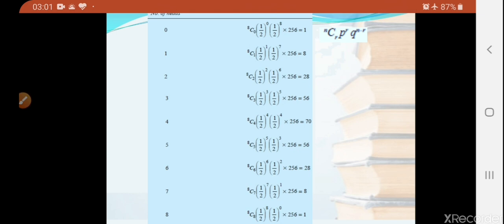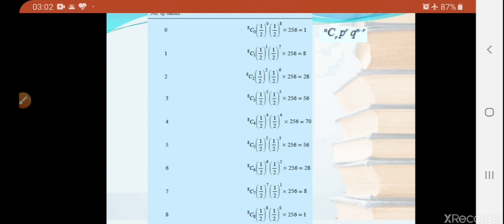In such a case, the expected values of getting 0, 1, 2 heads in a single throw in 256 throws of 8 coins will be given by NCR, P to the power R, Q raised to power N minus R. And here we have taken the hypothesis that coins are not biased.